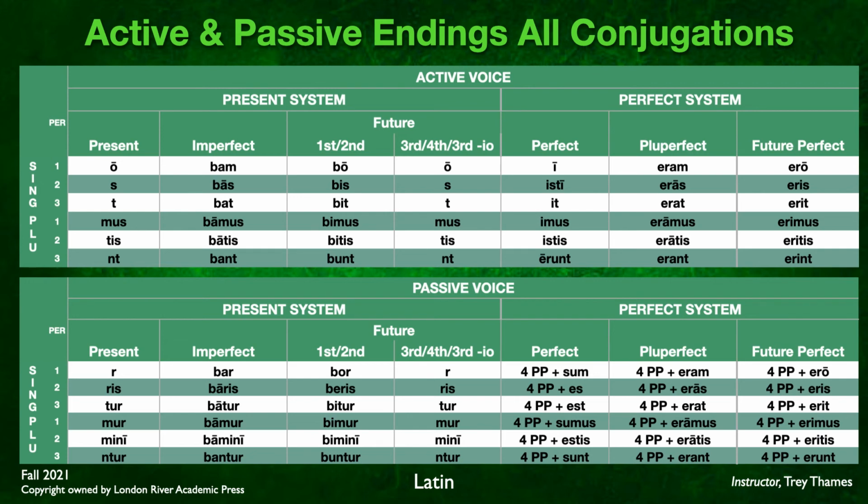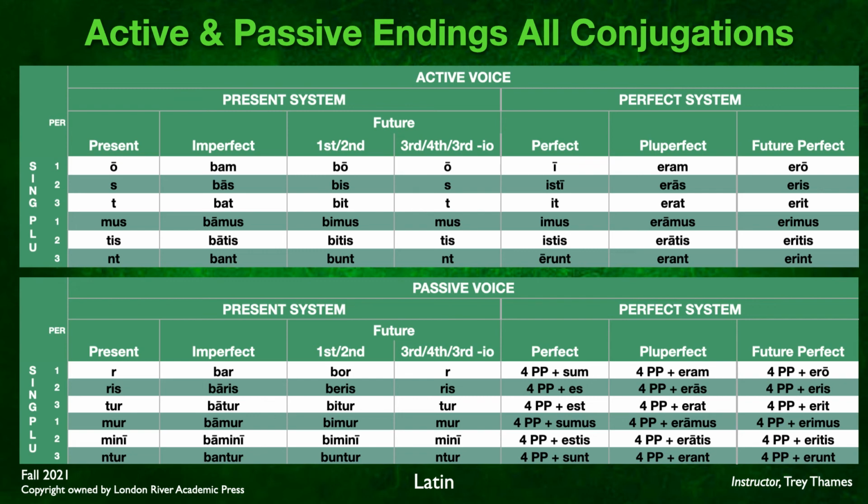And again, third, fourth, and third -io, you use the present tense endings, so back to -o, -s, -t, -mus, -tis, -nt. Of course, your perfect system, you use your third principal part, but your endings are -i, -isti, -it, -imus, -istis, -erunt. This is for all conjugations. Pluperfect: -eram, -eras, -erat, -eramus, -eratis, -erant. And for future perfect: -ero, -eris, -erit, -erimus, -eritis, -erint.